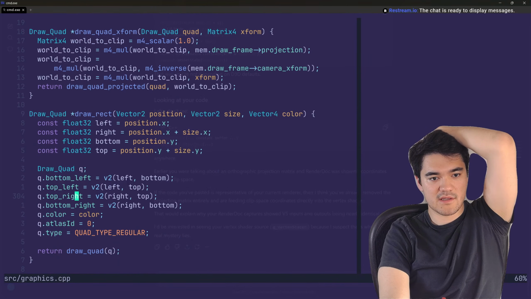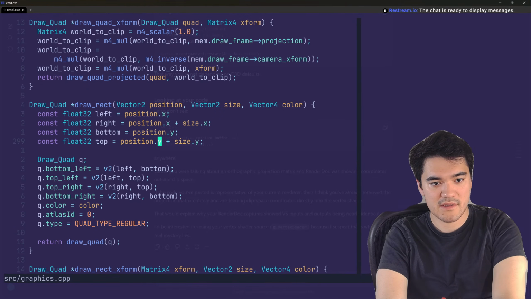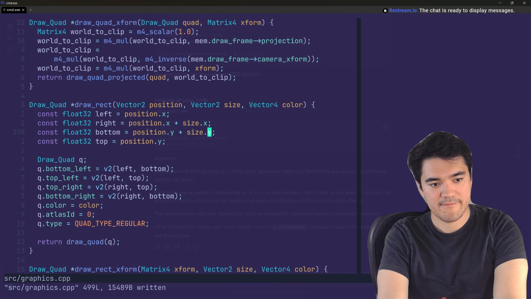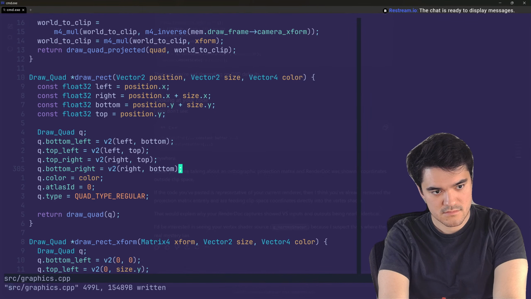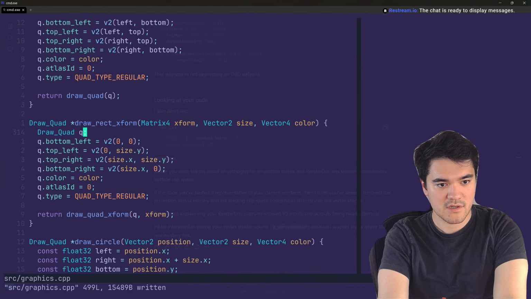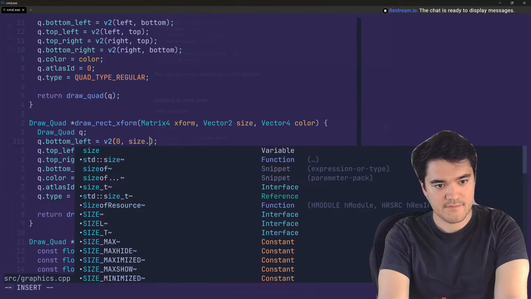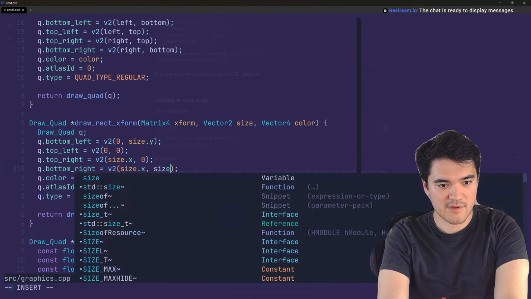We'll get to those in a second. This is going to be wrong, right? So top is now just position, and bottom is position plus size.y, right? Okay. Yeah, it's pretty changed. We're going to have to correct a lot of these by hand, because I don't trust just going in and subbing stuff out.